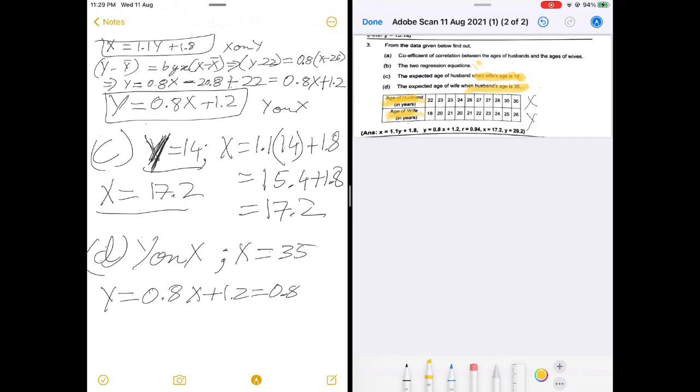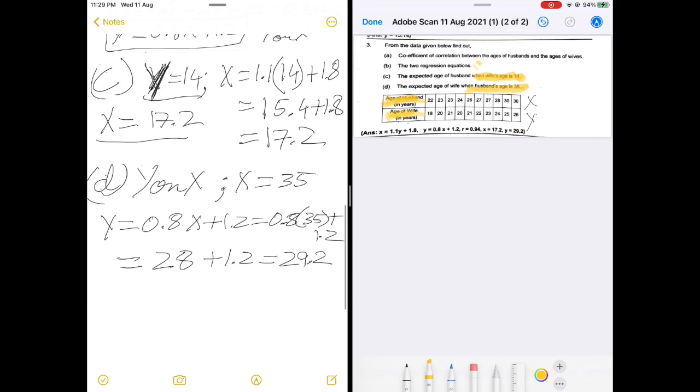Let's replace x equal to 35 here. So 0.8 into 35 plus 1.2. I pre-calculated 0.8 into 35 on Excel. You can use the calculator. You'll get 28. So 0.8 into 35 is 28, plus 1.2, which is 29.2. So when the husband's age is 35, the wife's age will be 29.2.